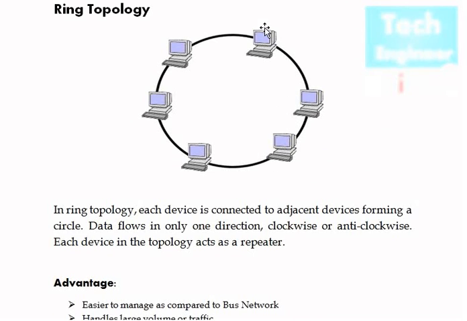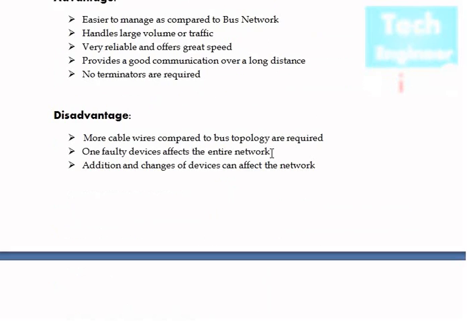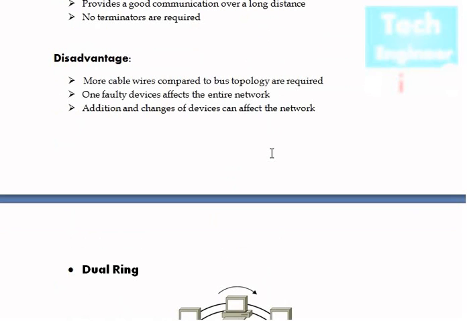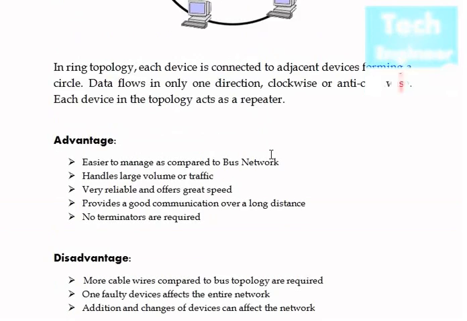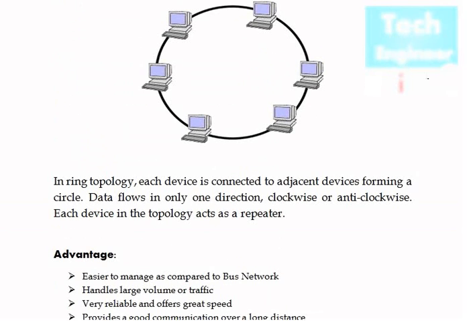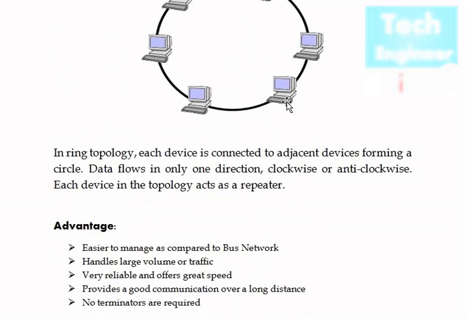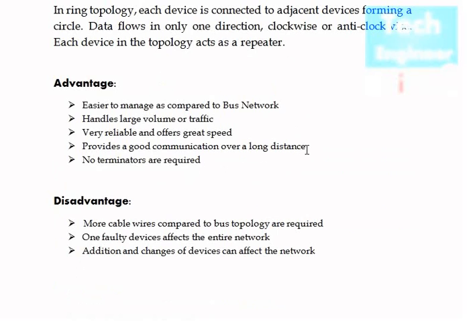This one device can reach these two devices, but will not complete the cycle, and that's the reason the network might get affected. Addition and changes of devices can affect the network again, since it's a path-following topology. But at the same time, the network packets will run and distribute.